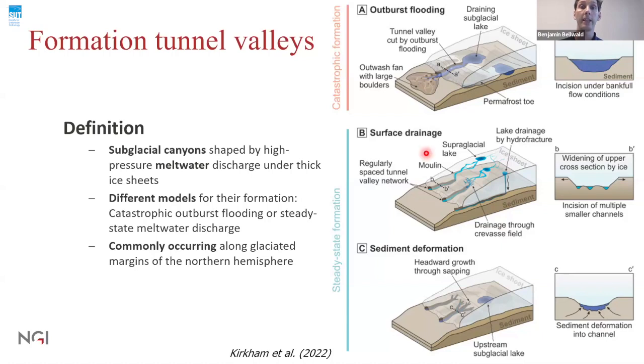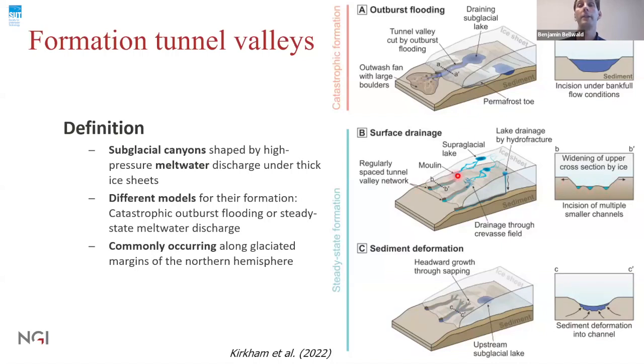But what you see there is basically one big channel filled with water during the discharge event, whereas in the second formation model, the surface drainage, you have supraglacial meltwater on top of an ice sheet that drains to the base of the ice sheet. It's less energetic, more seasonal, and you may get several smaller channels eroding into the bigger canyon.